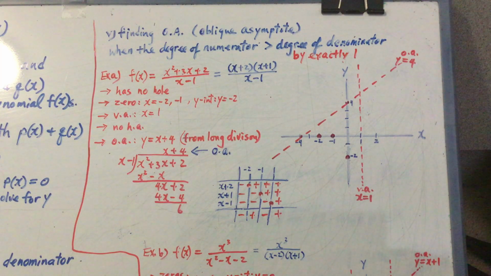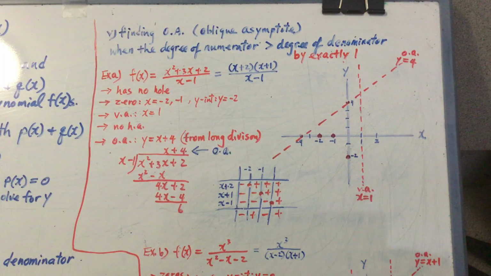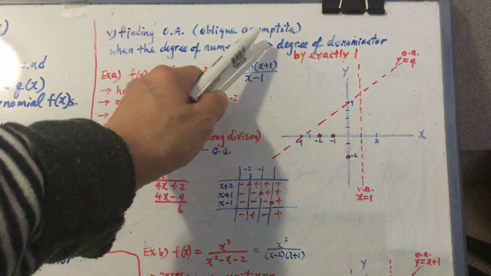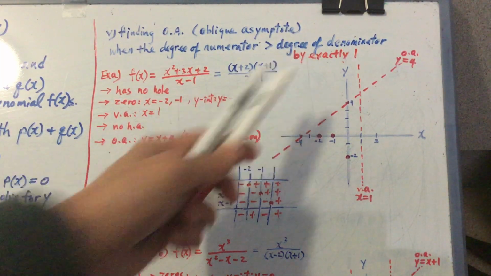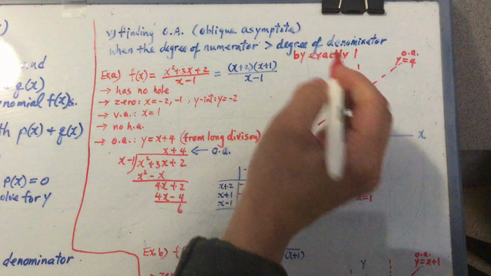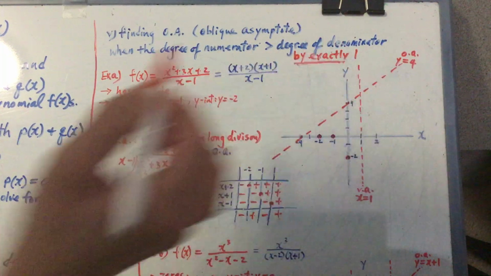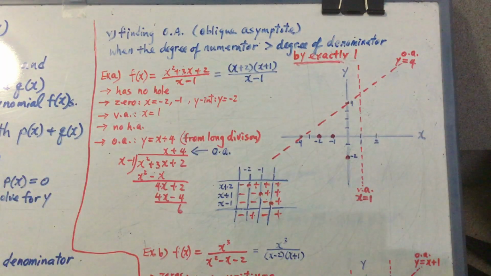The word oblique means it's a line that is not vertical, not horizontal, but slanted, with a slope. That is the case when the degree of the numerator is greater than the degree of the denominator by exactly 1.